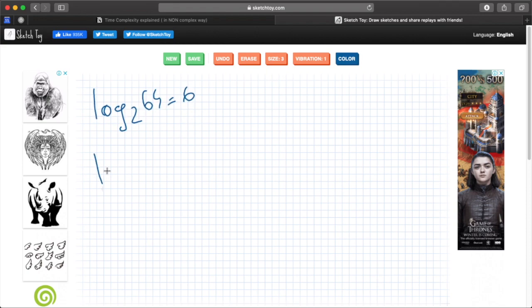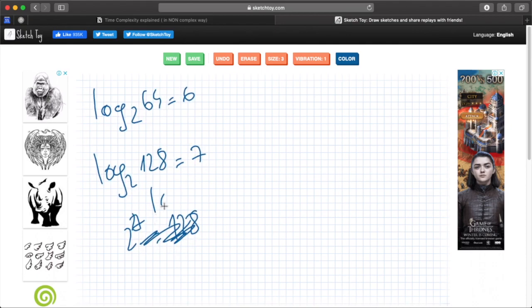And here's another one: logarithmic function base 2 of 128 is equal to, guess what, 7, because 2 to the 7 is 128, etc. You can go on and say, logarithmic function with base 2 of the next number. What's the next number? Let's just add those two.